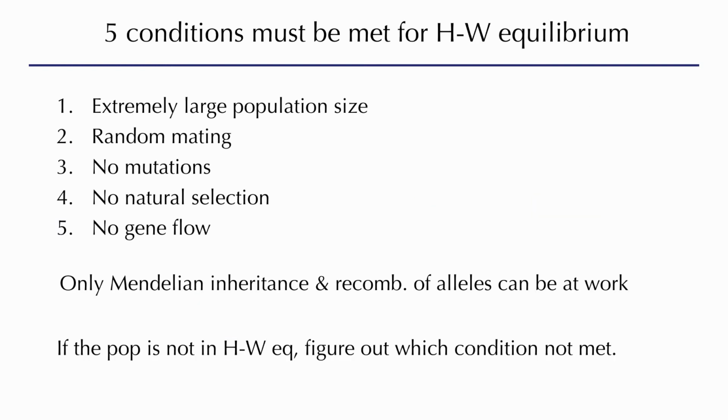In order for Hardy-Weinberg equilibrium to exist, there are 5 basic conditions that have to be in place. One is that the population size has to be technically infinitely large, but that's impossible, so I'll say a very large population size. And I'll just mark on here to recognize later, we're going to talk about this concept of genetic drift.